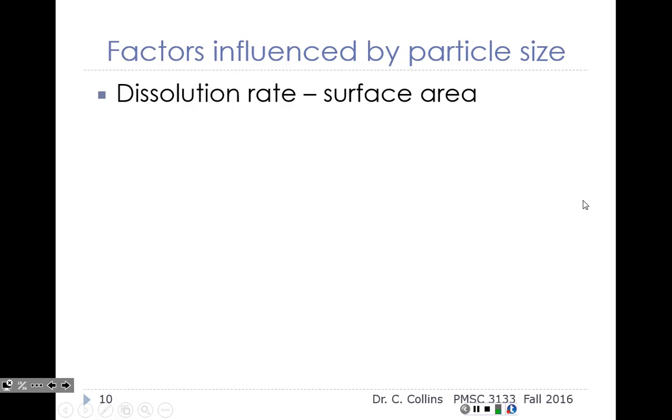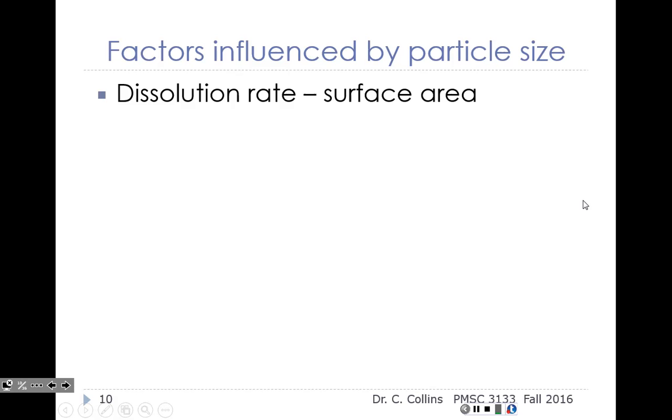Things that are affected by particle size. Dissolution rate. And it tends to be the smaller the particles, the faster the dissolution, because your surface area is greater the smaller the particles. So if the surface area for your drug is greater, its chances of interacting with the dissolution media, or the media that it's in, the stomach contents, GI tract contents, are increased.